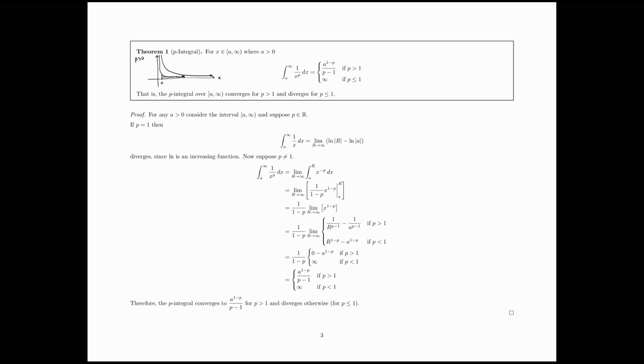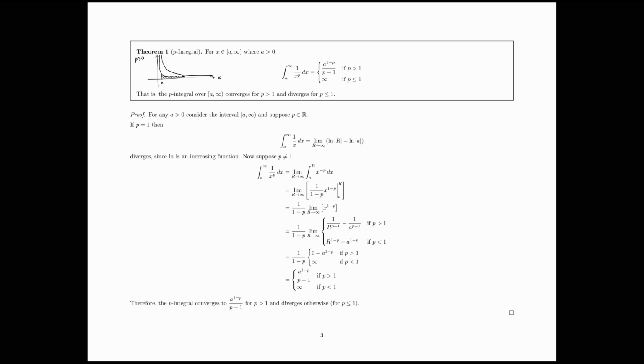You can pause this video and take a look at the proof, where I walk through it line by line. But the important part is how we're going to use this result, together with the comparison theorem, to determine whether lots of different improper integrals converge or diverge.